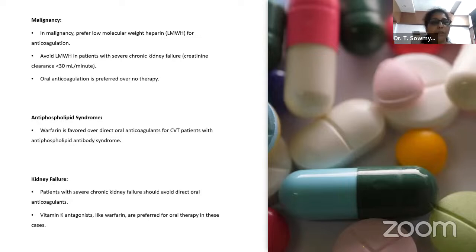And in APLA, we prefer warfarin in CVT patients. In severe renal failure, we should avoid direct oral anticoagulants, and vitamin K antagonists like warfarin are preferred over the direct oral anticoagulants.